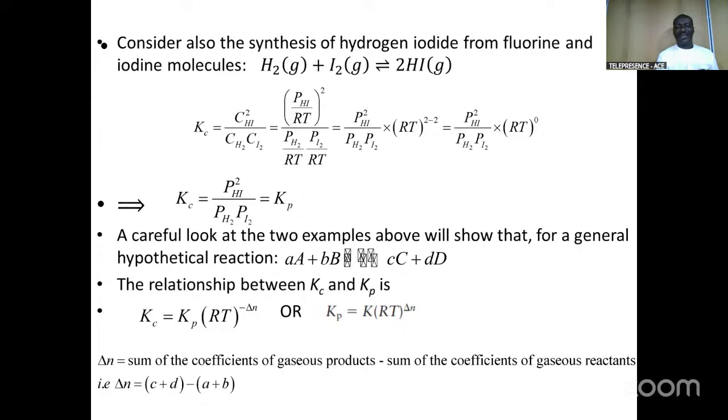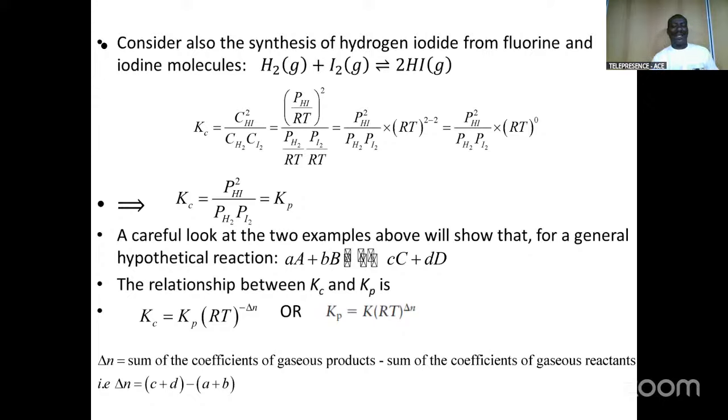In that case, delta N is equal to 2 minus 2, which is equal to 0. So for this case, Kc is exactly equal to Kp because RT raised to the power of 0 is equal to 1.